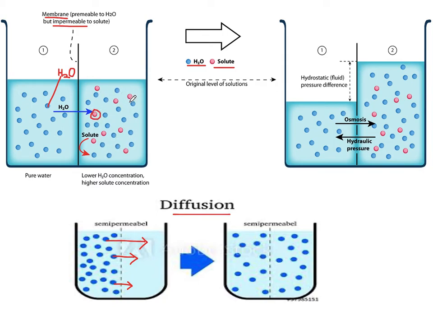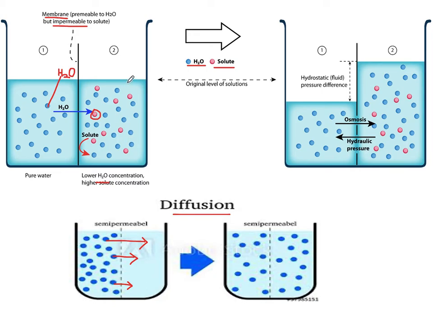So this is a solution in which water and solute particles are mixed. Here there is going to be more water concentration in comparison to the second part, which has comparatively lesser water concentration, because certain places where water can be are now taken up by your solute particles.